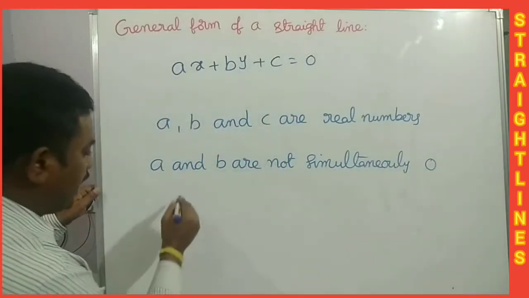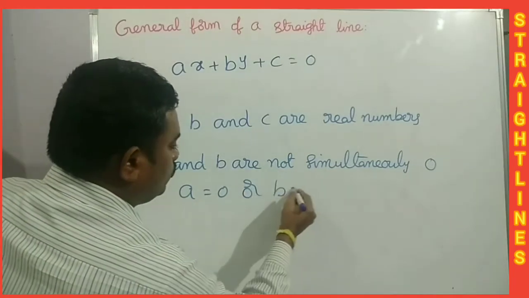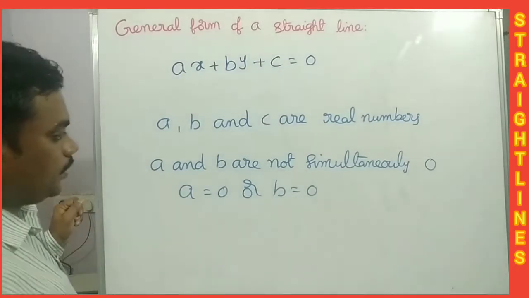That means either a equal to 0 or b equal to 0, both are not equal to 0 at a time.